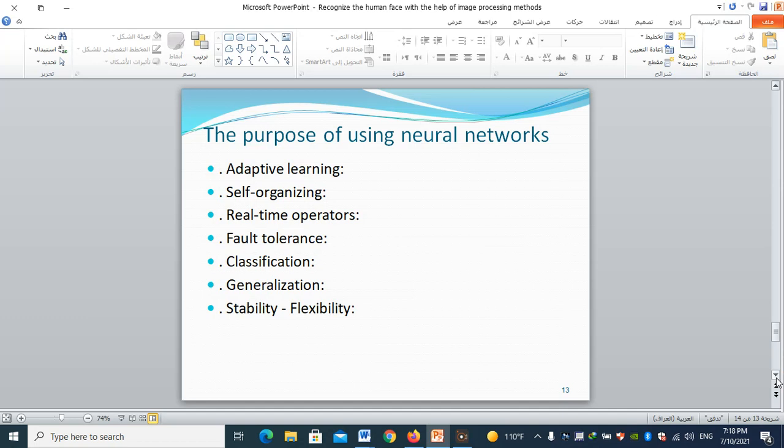The fourth one is fault tolerance. By causing a breakdown in the network, some efficiency is reduced, but some of its features are still maintained despite major problems. The fifth one is classification. Neural networks are able to classify inputs to receive the appropriate output. The sixth one is generalization.